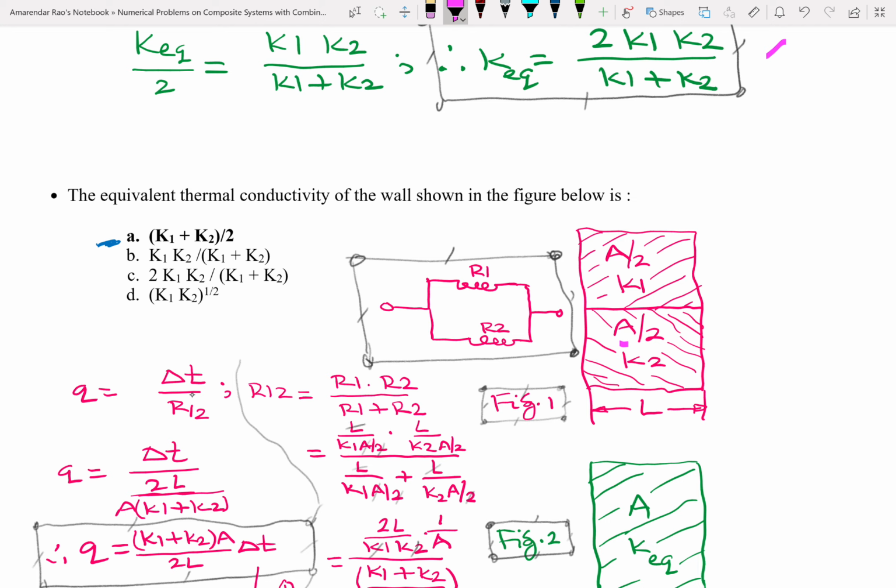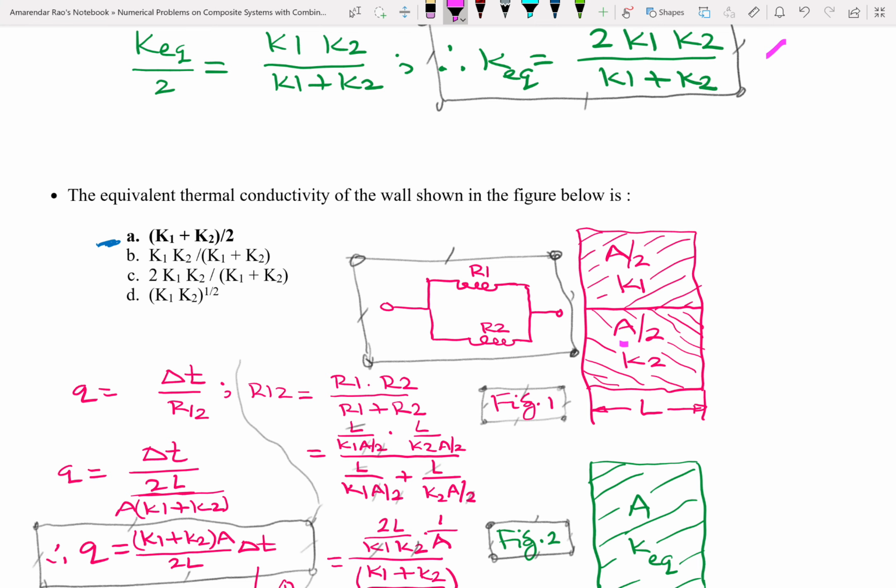Since these two layers are in parallel, you are going to get two resistances working in parallel, R1 and R2. R1 is going to be L by K1 times A by 2. R2 is going to be L by K2 times A by 2.